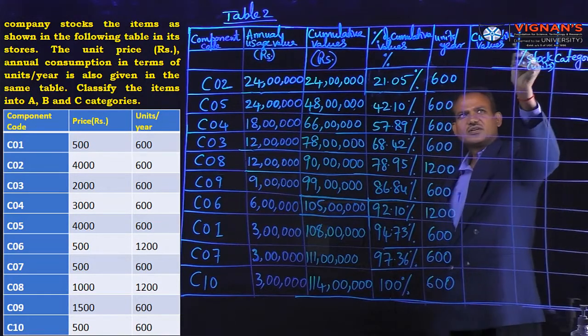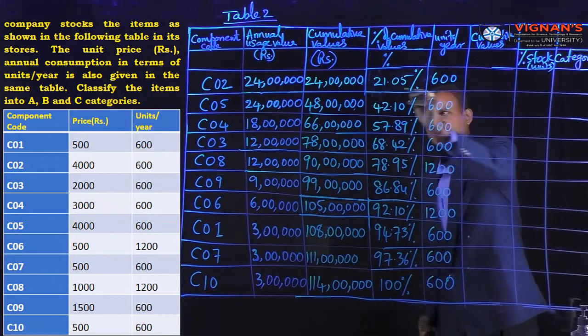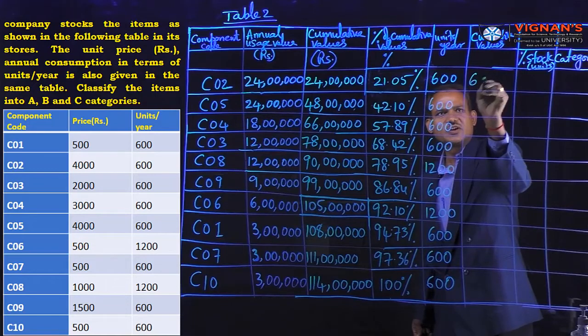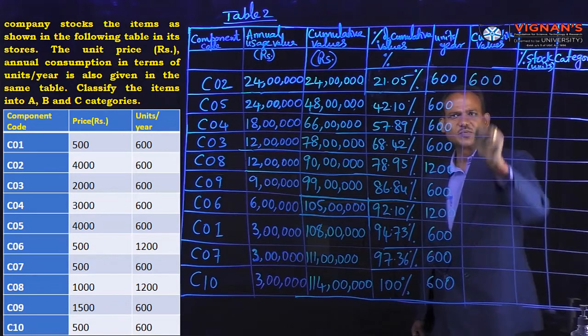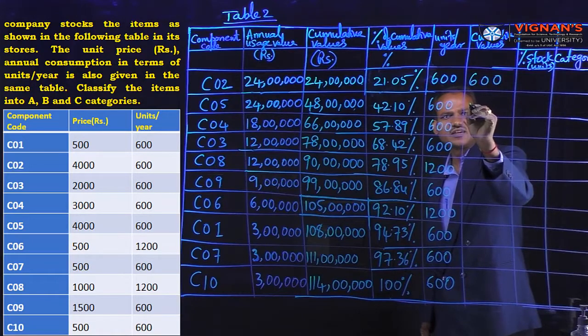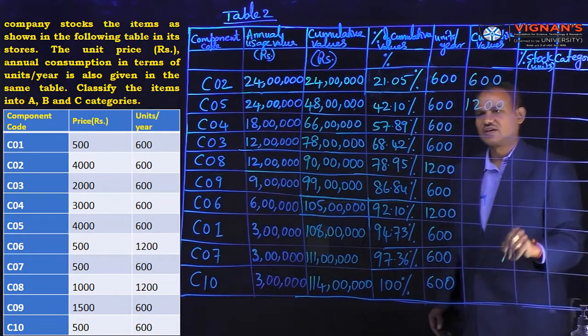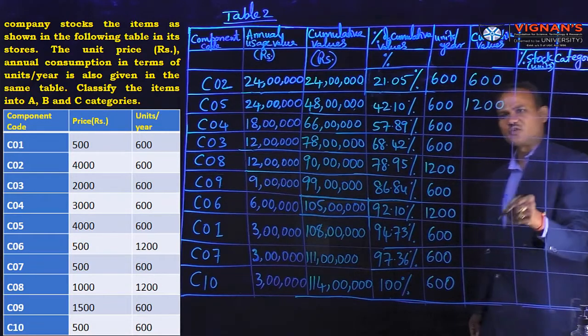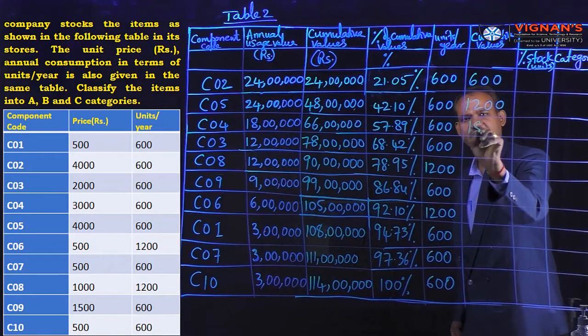Here also calculate cumulative values. Cumulative value means for C02 component, cumulative value is 600. For C05 component, 600 plus 600, 1200. Next, for C04 component, 12 plus 6, 1800.